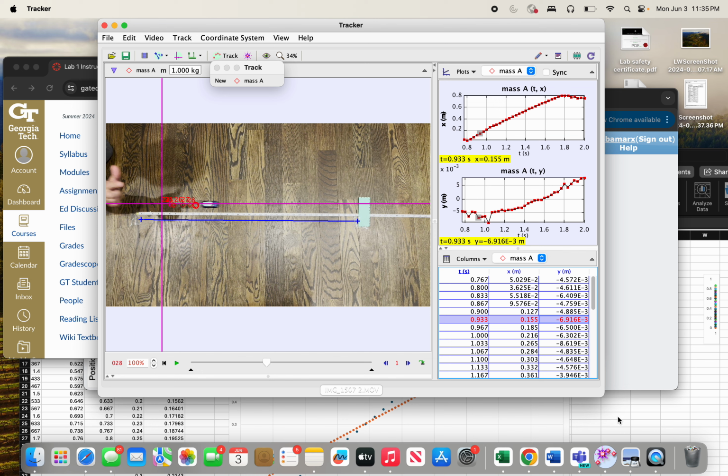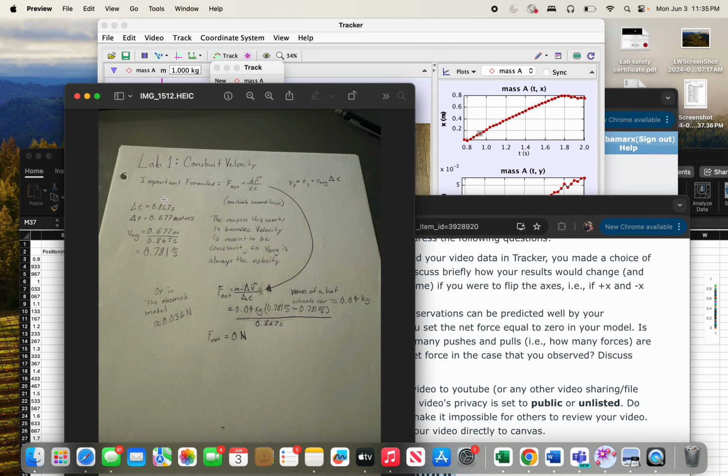If we follow Newton's second law, if there's no other forces acting on a system, then the velocity is not going to change. It'll be constant. And if the velocity is constant, then we know by the momentum principle that we will end up having a zero net force.